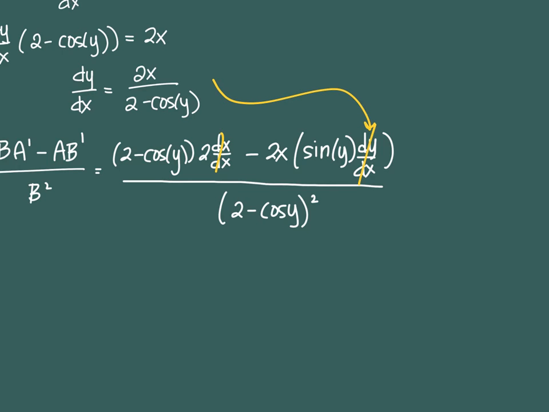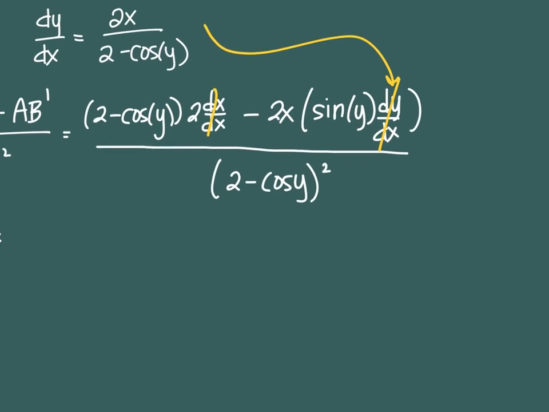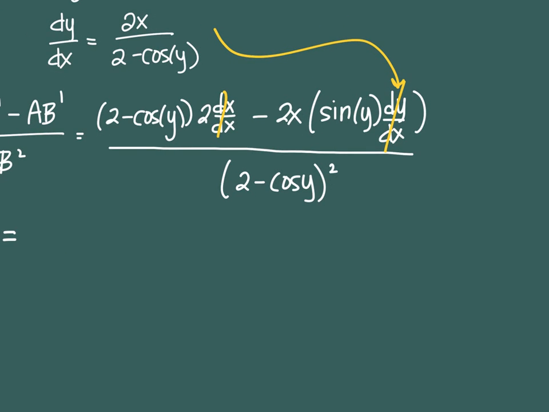So to simplify this, we will have 4 minus 2 cos y. So I just distributed the 2.